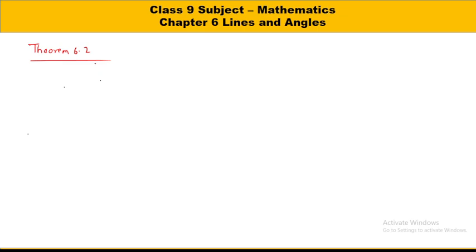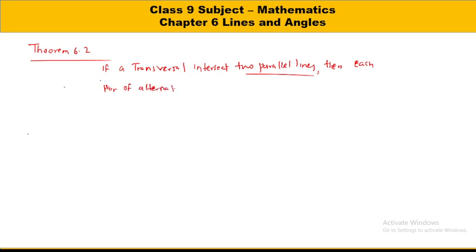In theorem 6.2, it is given in the form of a statement that if a transversal intersects two parallel lines, then each pair of alternate interior angles is equal.